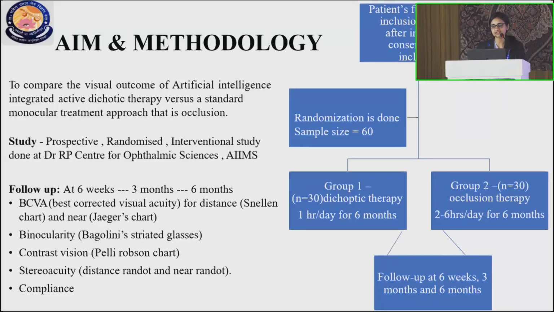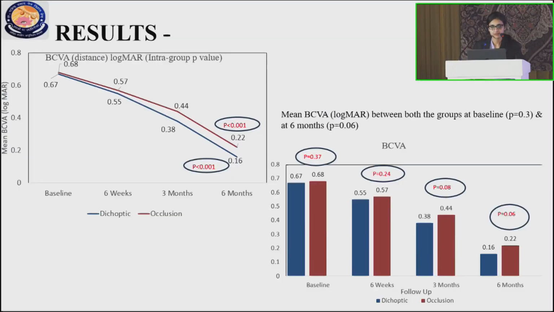Follow-up was done at 6 weeks, 3 months and 6 months to assess best corrected visual acuity for distance and near, binocularity using Bagolini's striated glasses, contrast vision using Pelli-Robson chart, and stereo acuity both distant and near. The secondary aim of the study was to check the compliance in both the groups.